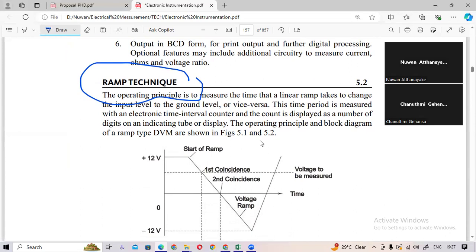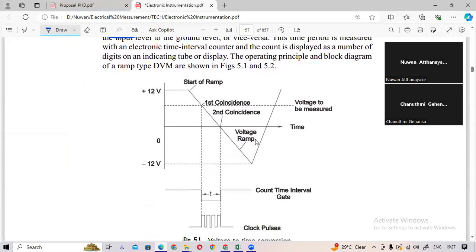Before going to the digital instrumentation, it is better to know some items related to the digital domain. So one is this one, analog to digital converter. Have you any idea about this component, ADC? What is ADC, analog to digital converter?